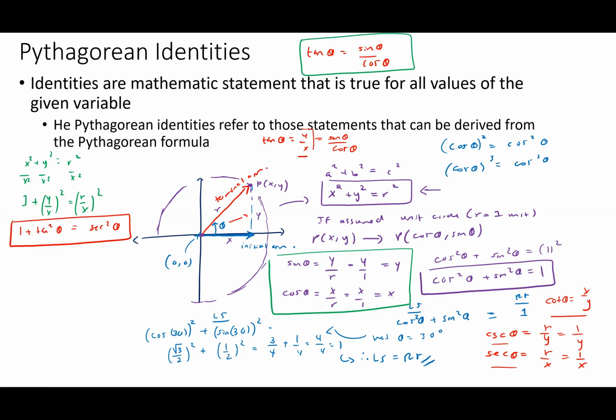And you guys can test that. You can plug in angle values, and you'll find that the left side will always equal the right side. And another formula that we can actually derive from this: if you have x squared plus y squared is equal to r squared, let's say we divide every term by y squared. The reason we can do this is because if you do the same modification to one term and repeat it to all the terms, you haven't changed the equation, right?